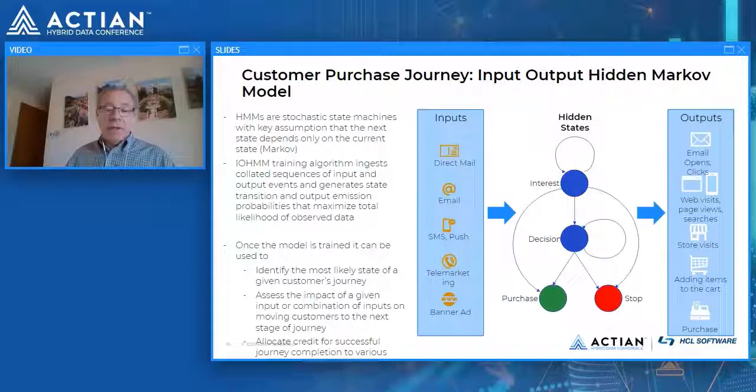If we look at the matrix, we can analyze what is the impact of our offers in terms of promoting the customer to the next stage of the journey. And taking that analysis even further, we can optimize delivery of offers, and we can also optimize allocation of our budget to generate the right messages at the right time.